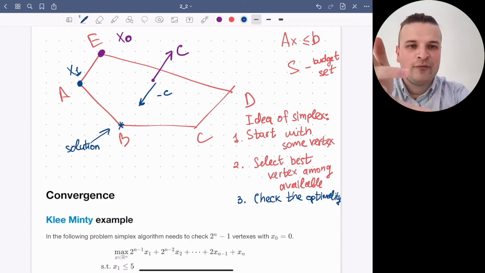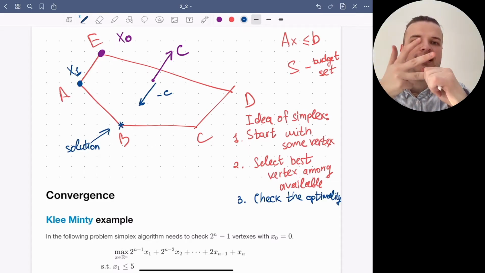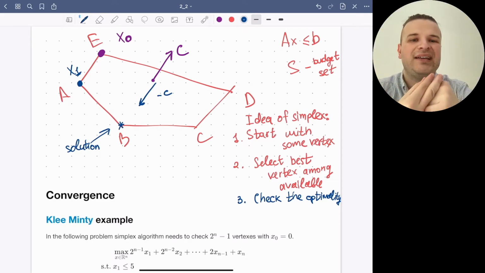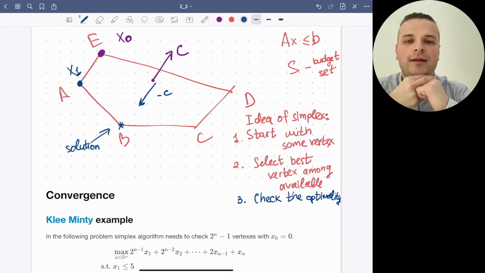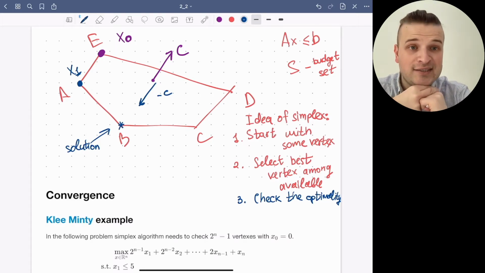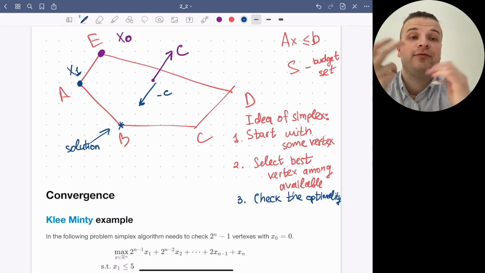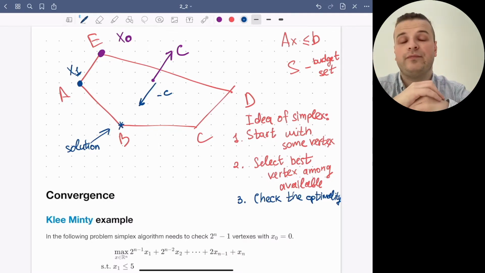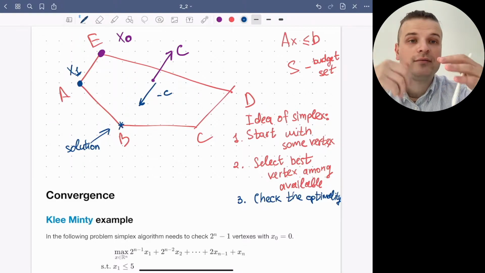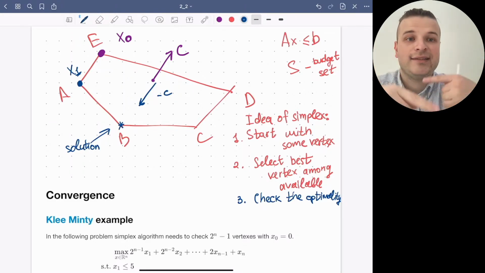So start with some vertex, select the best direction to go, go to the next vertex and check the optimality. If your vertex is optimal, you're done. If not, repeat the procedure until convergence.